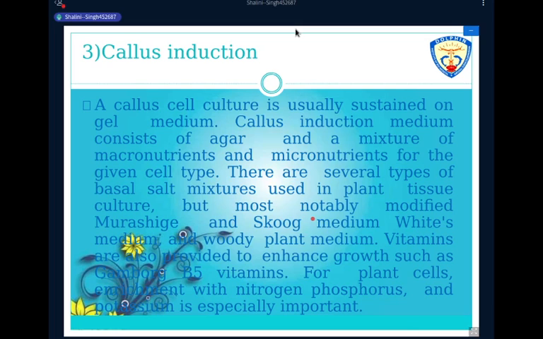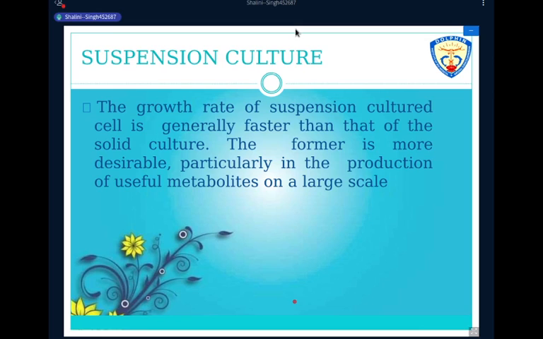Vitamins are also provided to enhance growth, such as Gamborg B5 vitamins. For plant cells, the main components we require are nitrogen, phosphorus, and potassium. NPK are especially important, so they should be supplied in the nutrient medium in sufficient amount so that callus induction takes place in no time. That means it develops easily and rapidly.